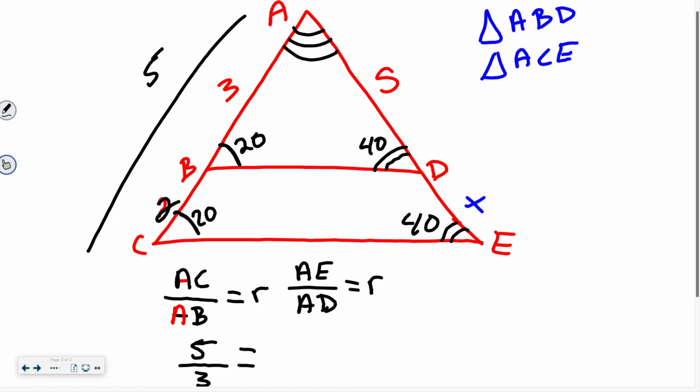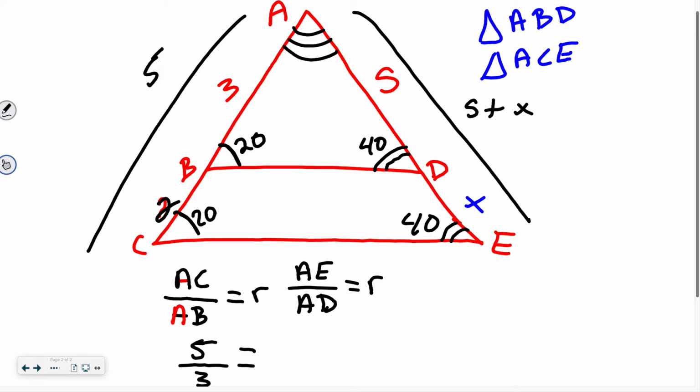So this is going to be equal to AE. We don't know what AE is. AE is some x value that we don't know. If we knew what x was, this side would be 5 plus x, right?